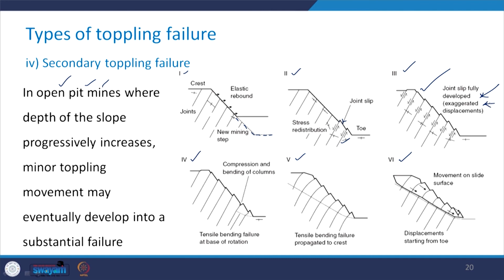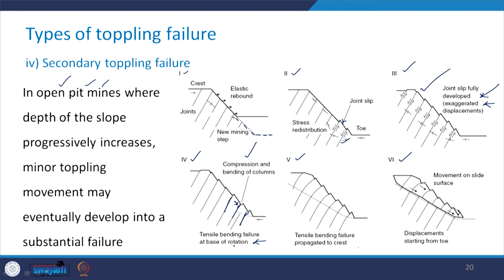Then the tensile bending failure takes place at the base of the rotation, and you see compression and bending of these columns. So, in this particular manner bending and compression is taking place.